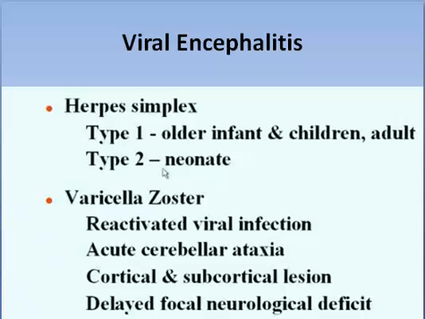In herpes simplex type 1, this affects the older infants and children and affects adults, while type 2 is a neonatal type. Varicella is due to reactivated viral infection, could be acute cerebellar ataxia, could result in delayed focal neurological deficits.